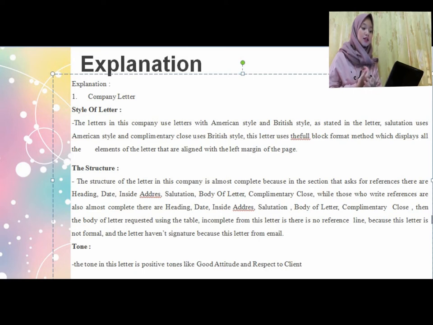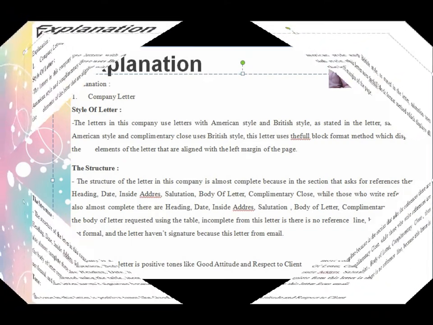There are heading, date, inside address, salutation, body of letter, complimentary clause. Then the body of letter requested using the table. Incomplete from this letter is there is no reference line because this letter is not formal, and the letter haven't signature because this letter from email.